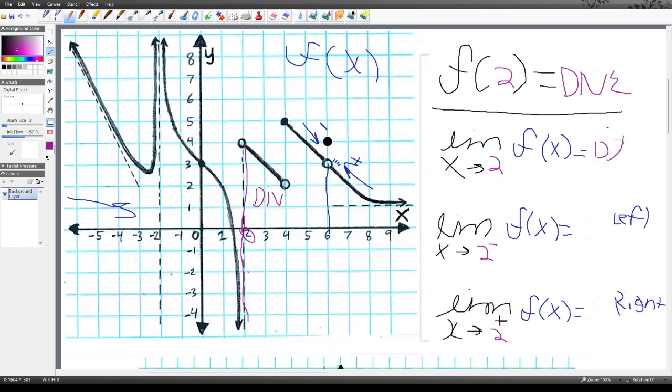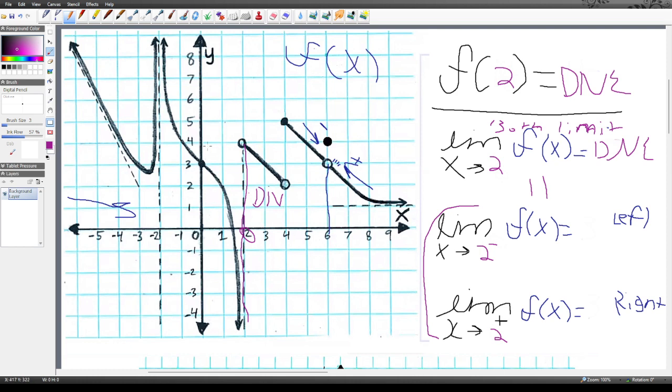I'll explain it right now. These two have to equal each other to give you your both side limit. So here we have x approaching 2 from the left side or the negative side.